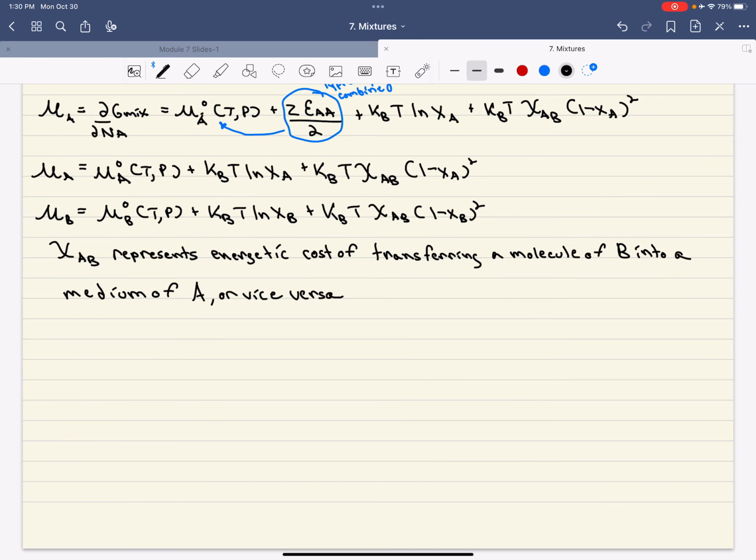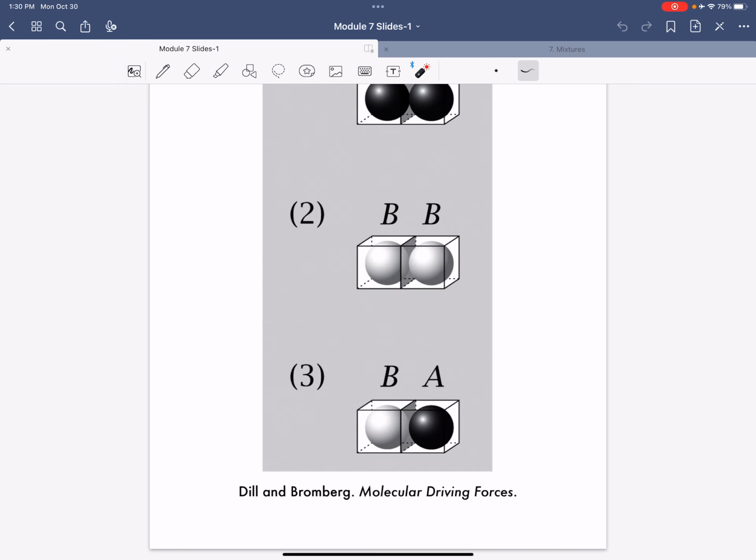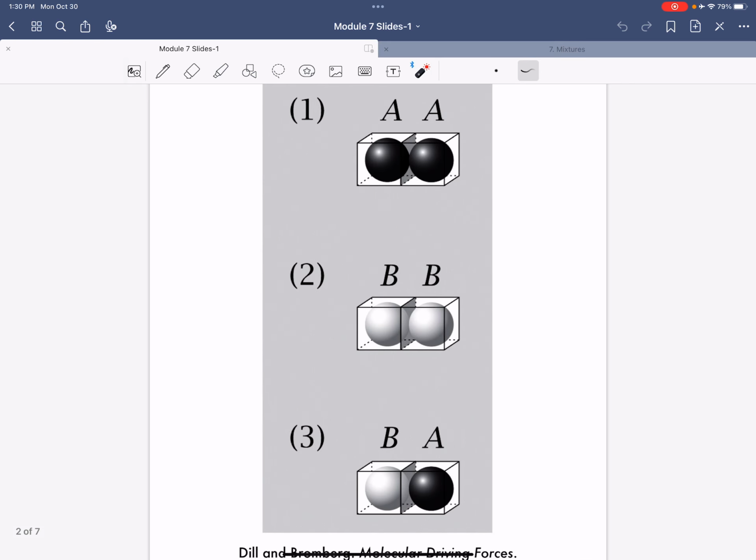Right? And so essentially what it's describing is, let's say you have a B molecule here, and originally it's in contact with another B molecule. By making the mixture, for some of the molecules, but not all, you're ripping it away from its former B partner, and you're putting it in contact with an A molecule to end up with this, right?